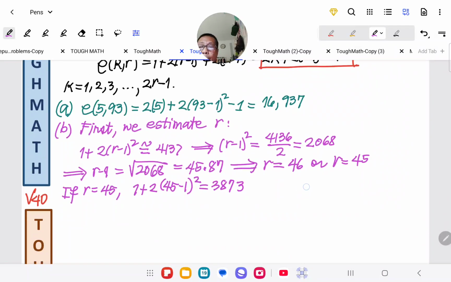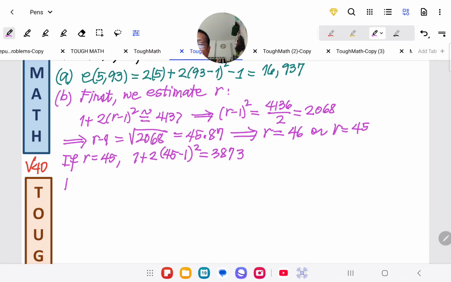Whereas if R equals 46, we have 1 plus 2 times (46 minus 1) squared. This gives us 4051.